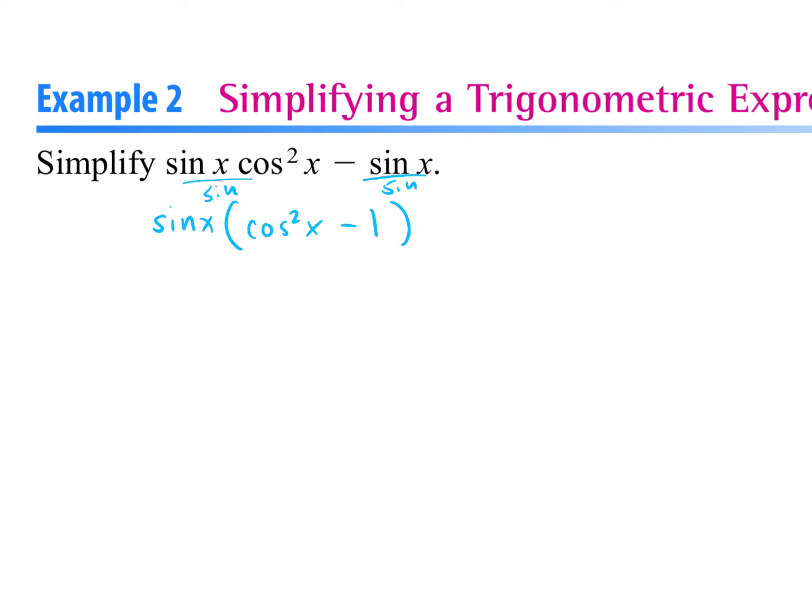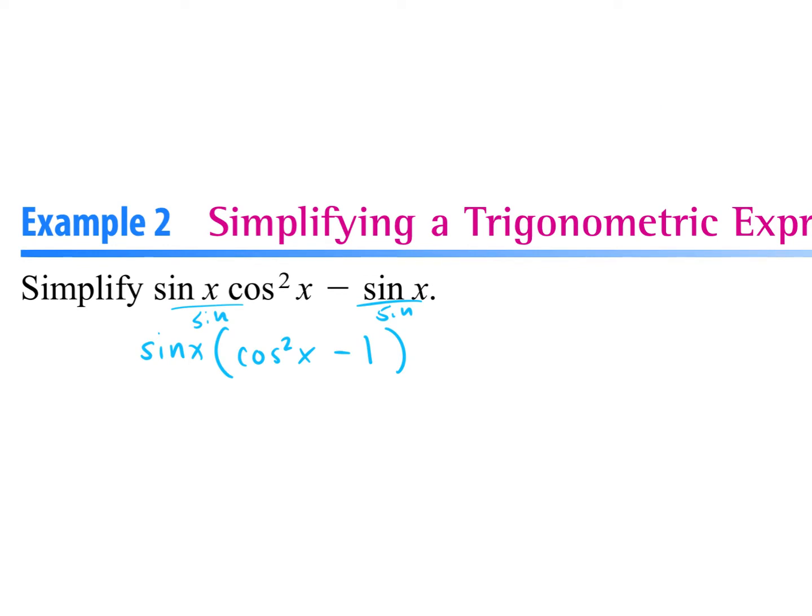Remember when I said I have a trig function squared, and especially if I'm adding or subtracting a 1 to it, I may use that. So we have our trig identity that is sine squared plus cosine squared is equal to 1. Now this isn't exactly like this, but can I make it look like cosine squared minus 1?